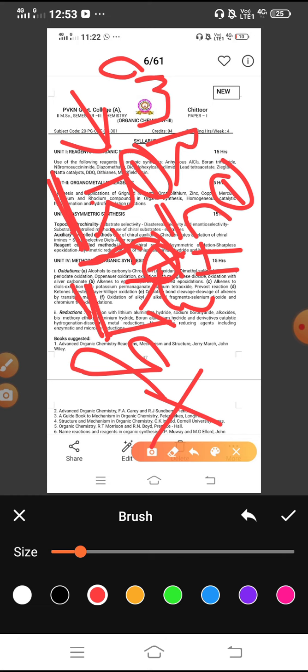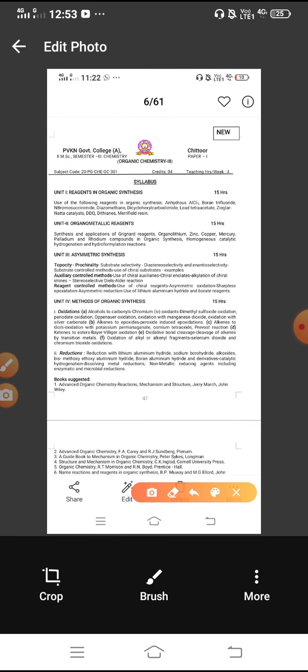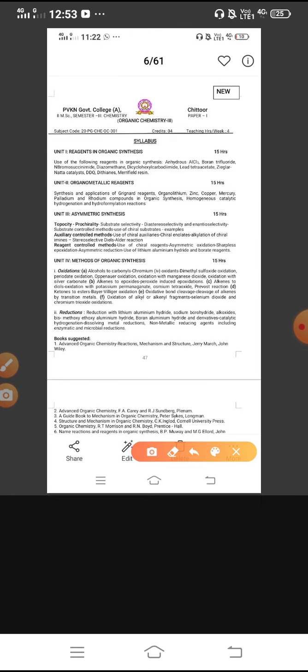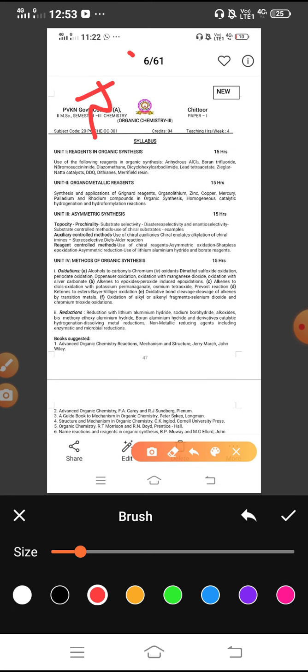So organometallic reagents are a very useful source of carbanions, that is R minus or CH3 minus. This R minus is from RMgX.